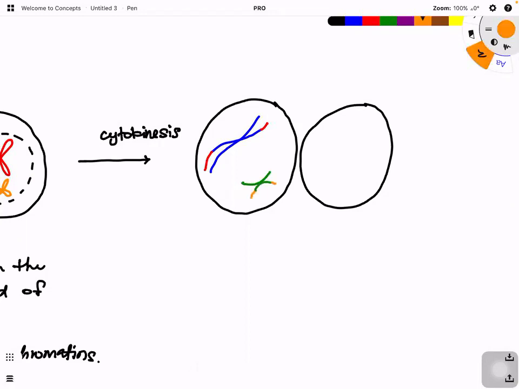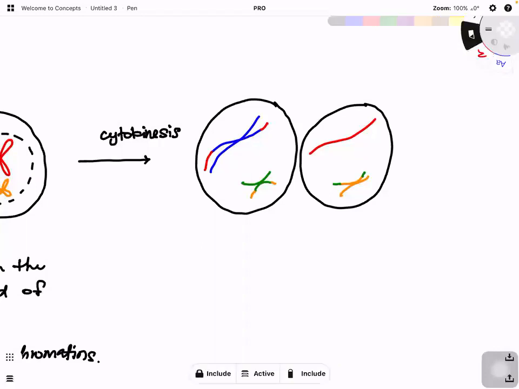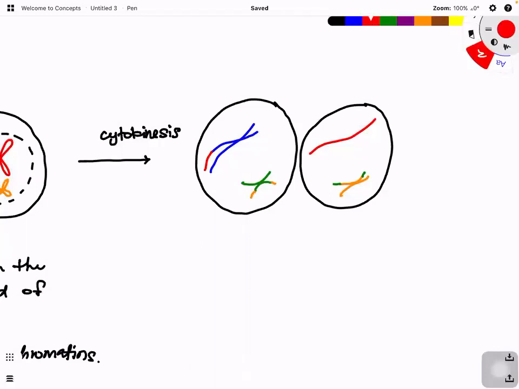Then we have the orange chromosome with a bit of green. And you have the red chromosome with blue.